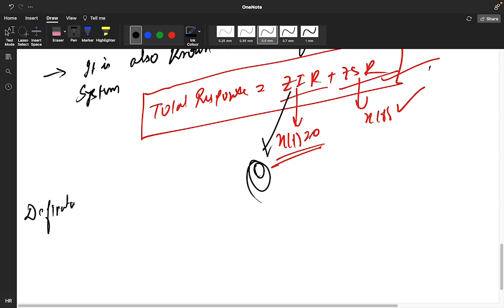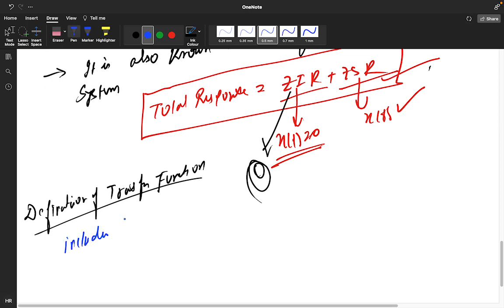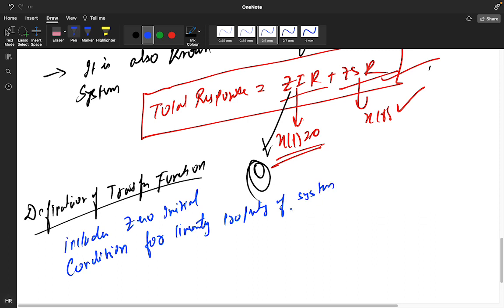The definition of transfer function includes zero initial condition for the linearity property of the system, because non-zero initial condition makes the system non-linear.